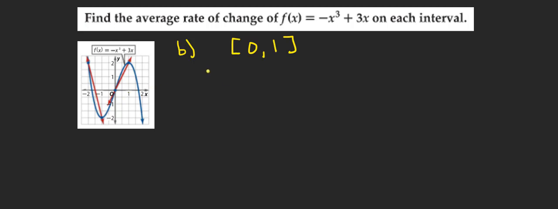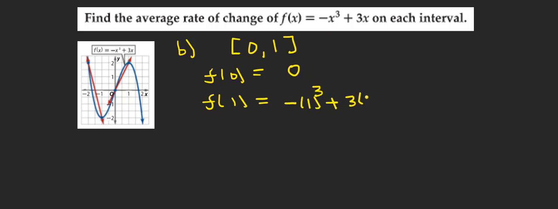So in order to do that, we got to find f of 0 and f of 1, the y value of 0 and the y value of 1. So plug in 0, what do you get? You get 0. And plug in 1, you're going to get negative 1 plus 3, which is 2.